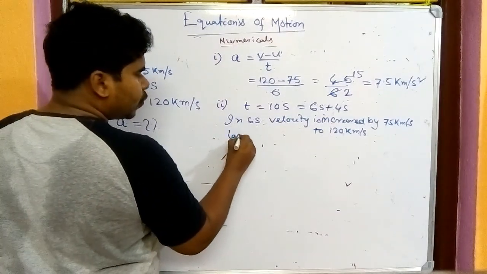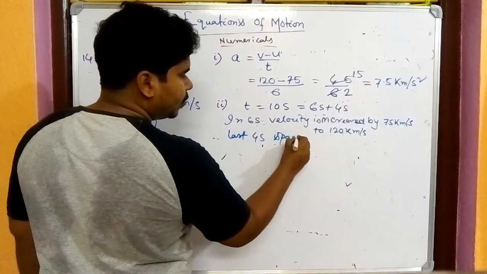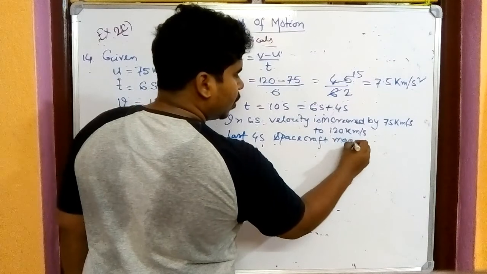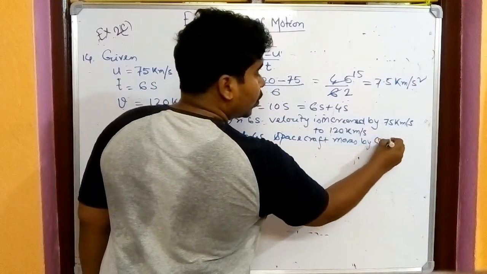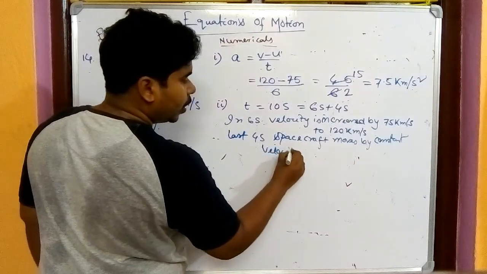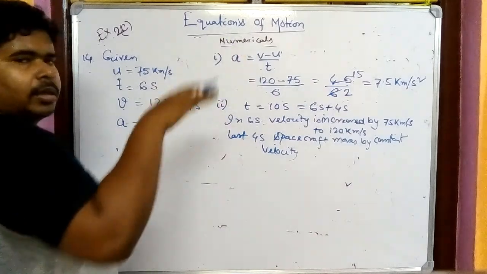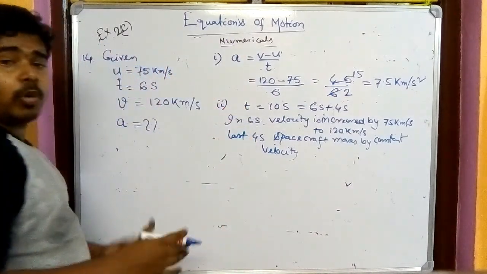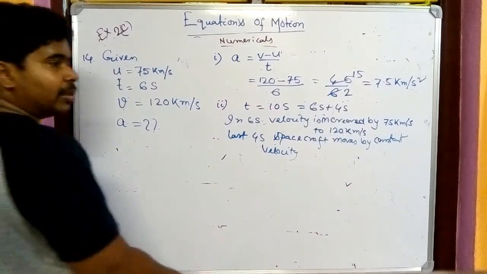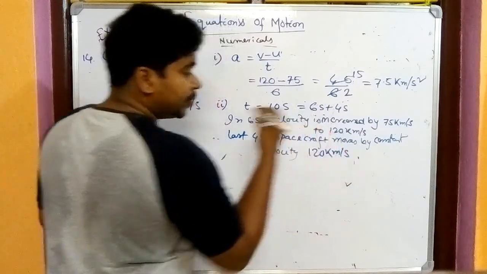In the last 4 seconds, the spacecraft moves with constant velocity. What should it be? It should be 120, because after getting 120 it keeps moving with 120, since the motor is stopped after 6 seconds.